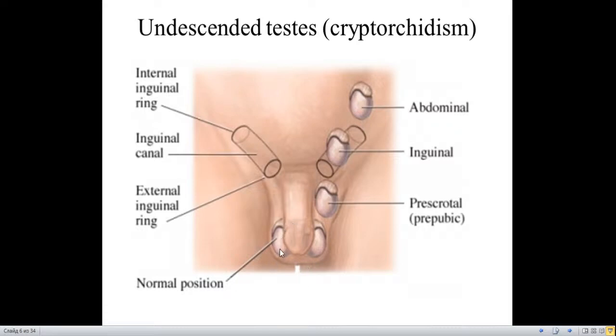Normal position is when testis is found in scrotum, but sometimes it stops in the abdominal cavity, so it is the abdominal type. When it passes through the inguinal canal and stops there, it is the inguinal type. Or when it exits the inguinal canal but stops at the upper part of scrotum, it is known as the prescrotal or prepubic type.